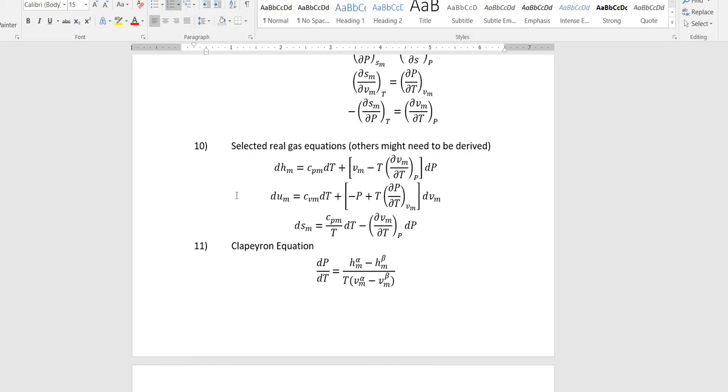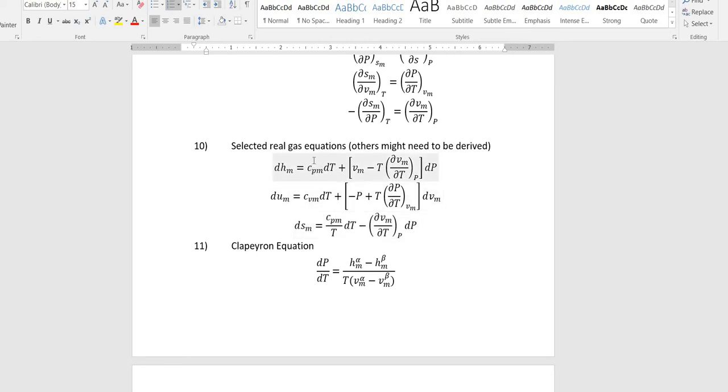The next thing to know is how to use these selected real gas equations that are given on the equation sheet. This is the equation sheet that you'll have for the exam. So for these real gas equations, this CPM right here and CVM in these equations are not for an ideal gas. So this is CPM for a real gas.